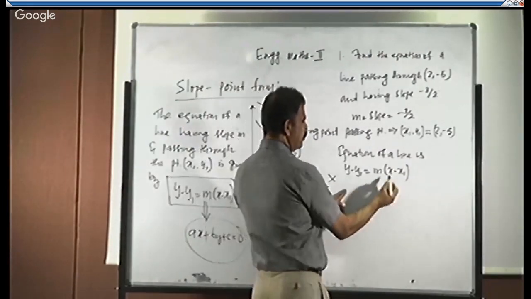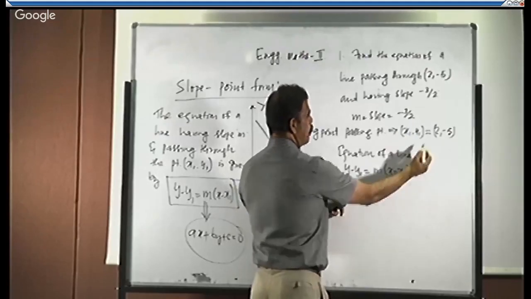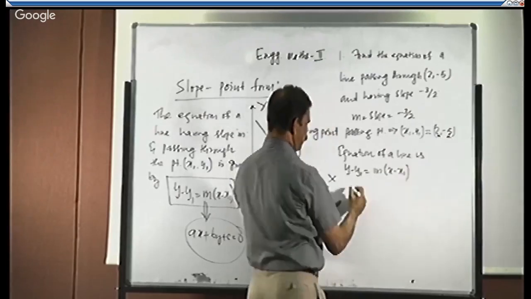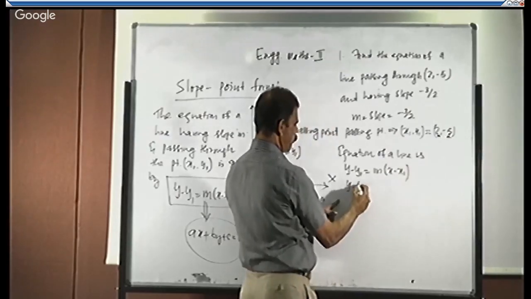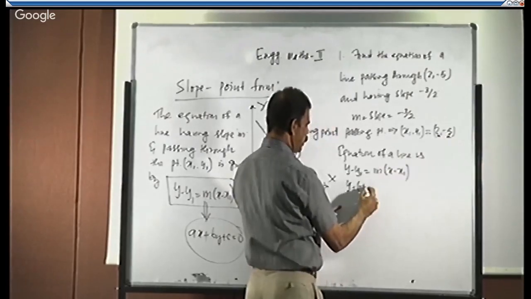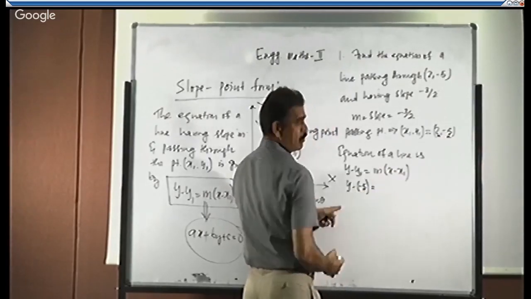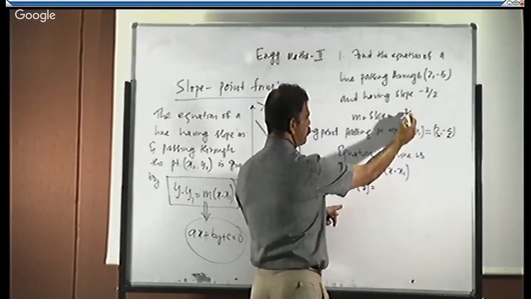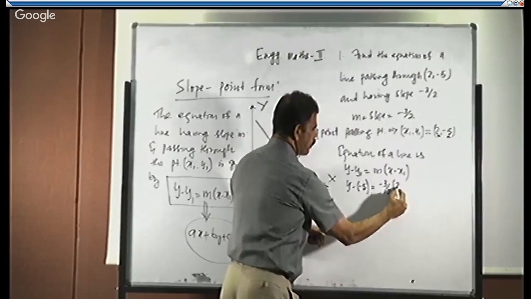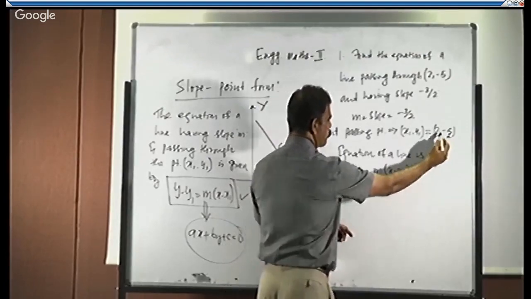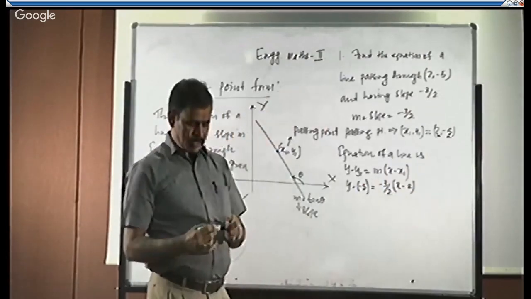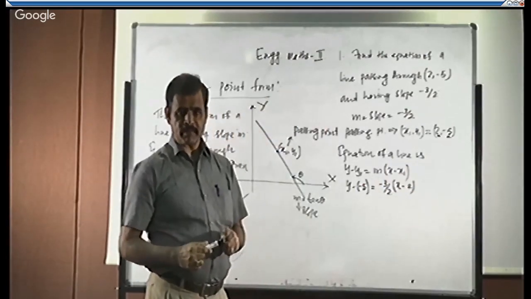Just replace the values of x1, y1 and m. x1 is 2. y1 is minus 5. Y minus y1, you have to take along with the sign. Y minus of minus 5 is equal to m, which is minus 3 divided by 2, into x minus x1. x1 is 2. Thus we have substituted the given slope and passing point.